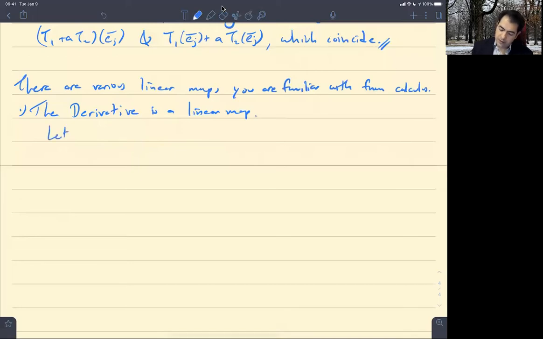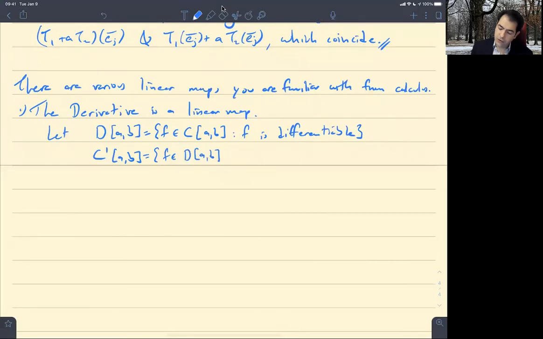So let D of AB be all of those functions in C of AB that are differentiable. And then C1 of AB is going to be all of those functions in D of AB, so they're differentiable, so that f prime is continuous.